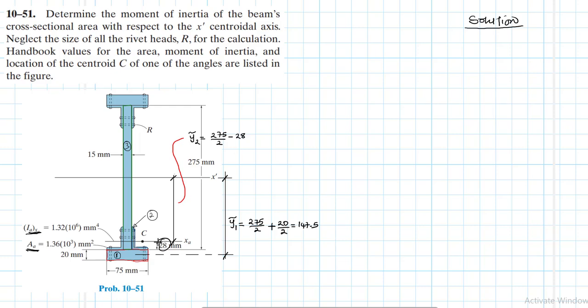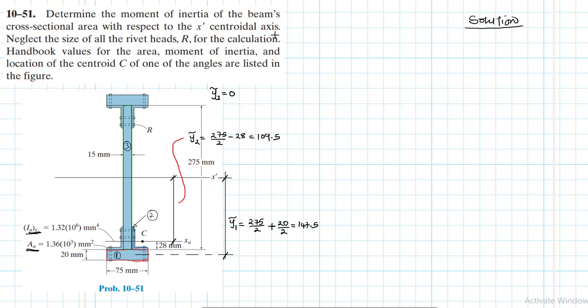You've seen this 28? Okay. So this is equal to 275 divided by 2 minus 28. This is 109.5. Great. And then y centroid 3 is just equal to 0. Great.